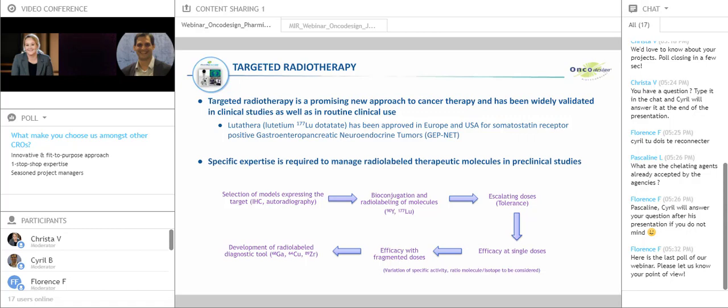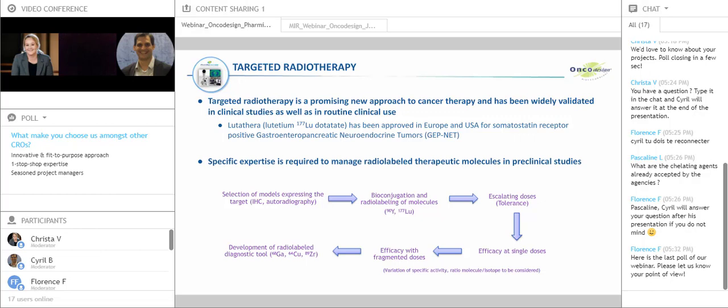So when you want to develop such therapy, first of all, of course, you have to select the models that express the target that you have chosen. It could be targeted by an antibody or a peptide or a small molecule, whatever, but you need to carefully select the model that expresses your target. Then you need to do the bioconjugation and the radiolabeling.